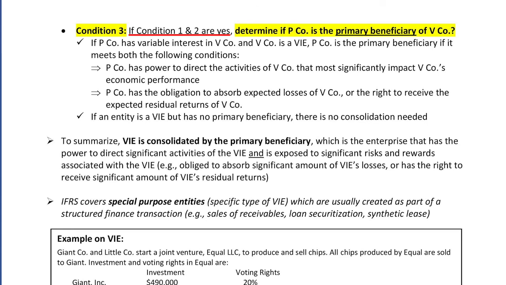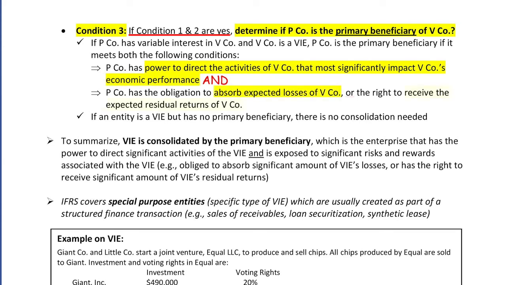So it says if P company has variable interest in V company and V company is a VIE, that's condition 1 and 2. P company is the primary beneficiary if it has highlight power to direct the activities of V company that most significantly impact V company's economic performance. Right, and highlight absorbs the expected losses of V company.